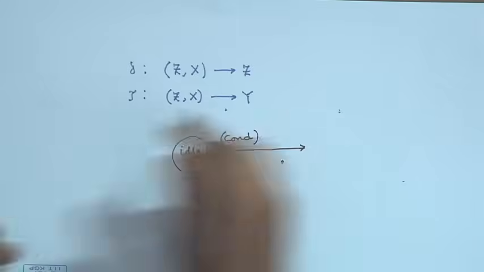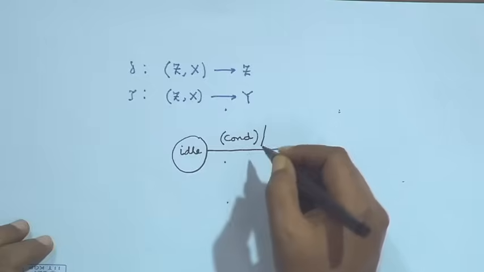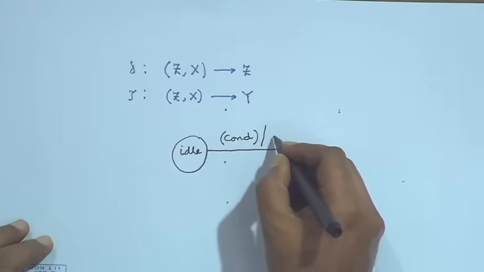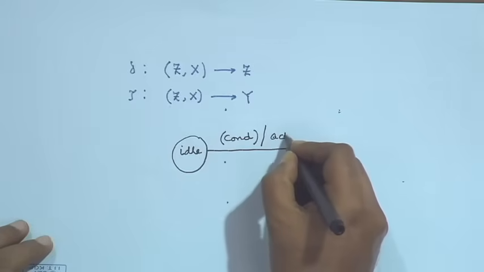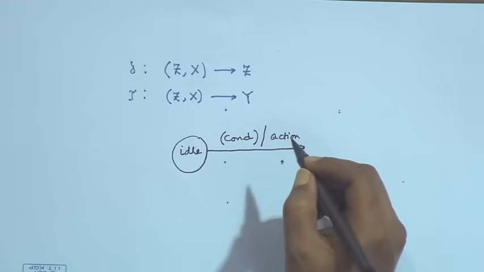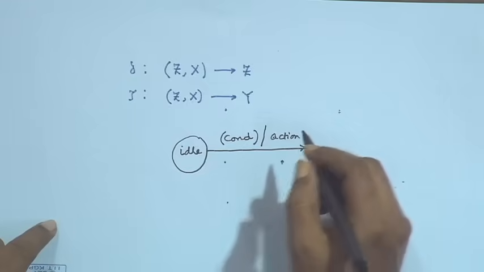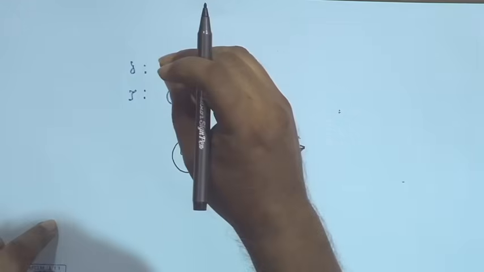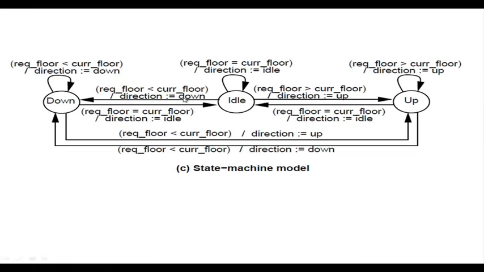On that condition, this is an action: the direction is down. All right. So, some control signal goes. Do not confuse the down written in small letters with this down, because this down is a state. The control signal goes that the direction should be down, and the state is that it is moving down.